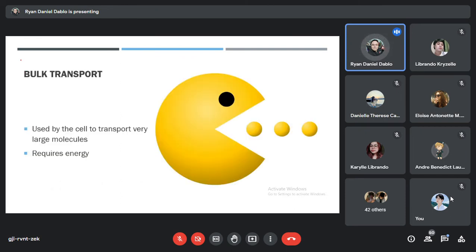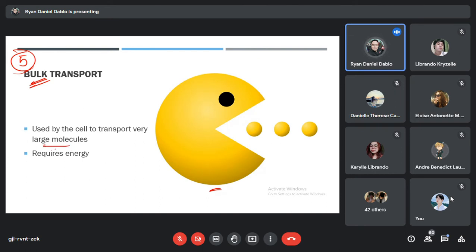The very last one, ladies and gents, is bulk transport mechanisms, so named because we are moving things in bulk. Think of this as a Pac-Man scenario where the cell gobbles up food, right? This is the mode of transport utilized by cells when they need to move very big molecules.